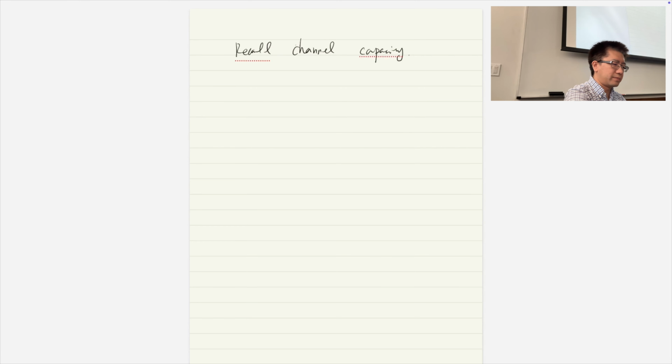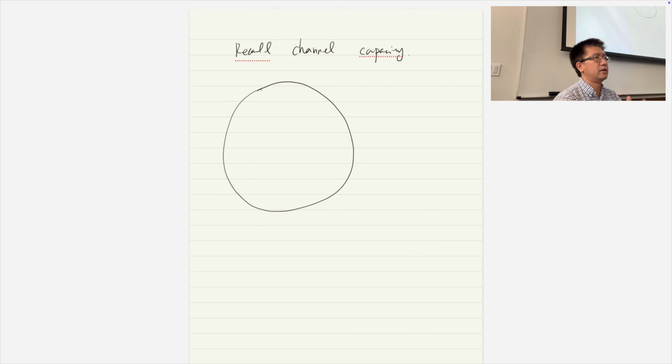If you remember, this sphere is the space for all the received signal, so the radius is given by P plus the noise.